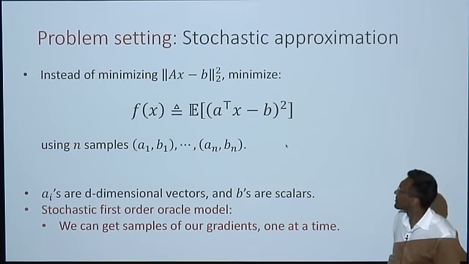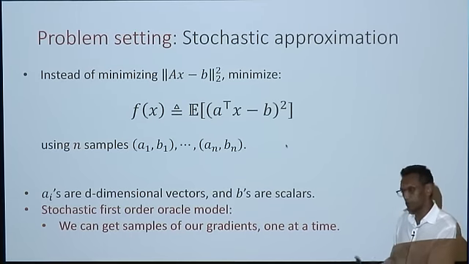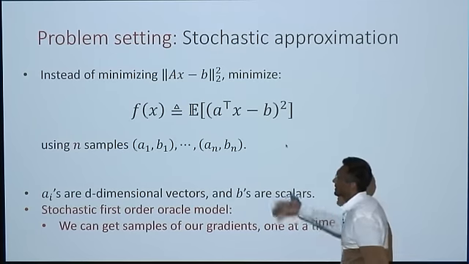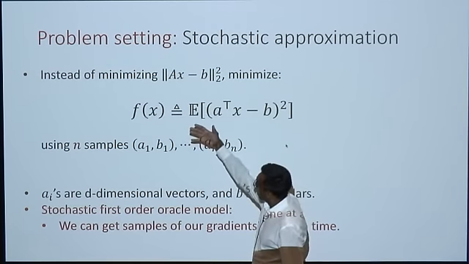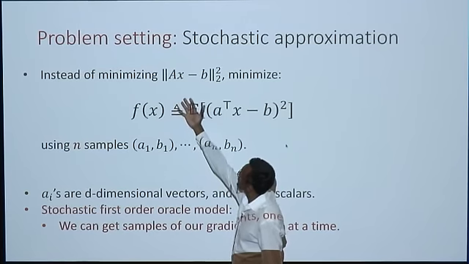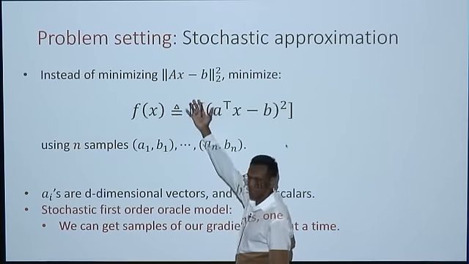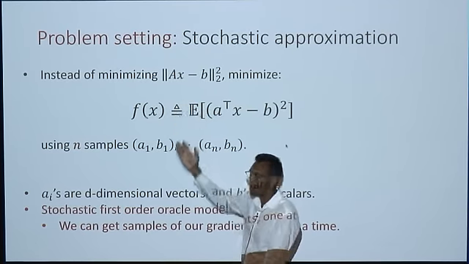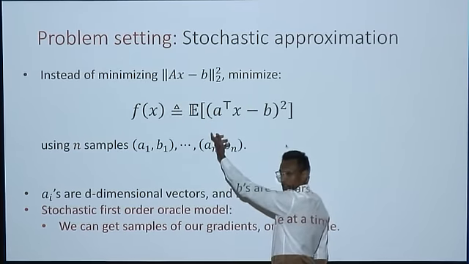Okay, maybe we have more than 100 samples, but the point is we don't want numerical accuracy. The key point is that, at least in machine learning, we never care about solving the problem Ax minus b, because that's on the data we have. We care about minimizing some unknown objective function.